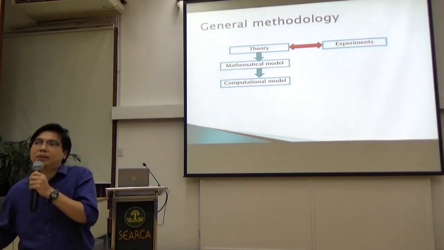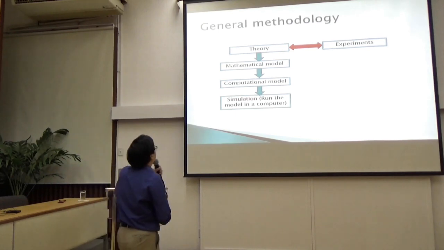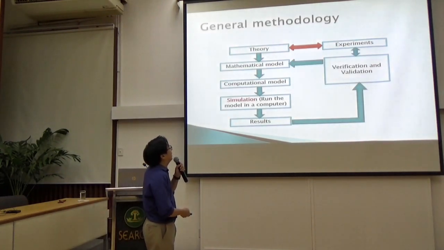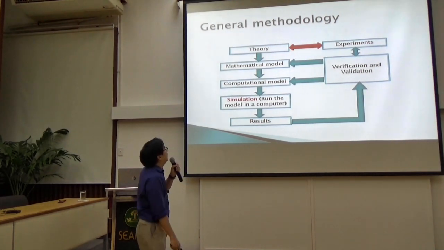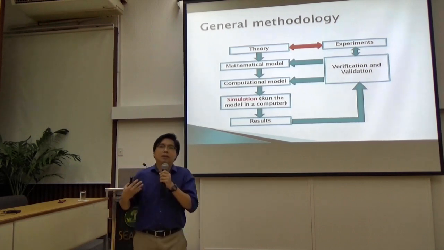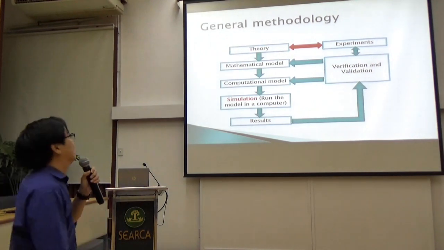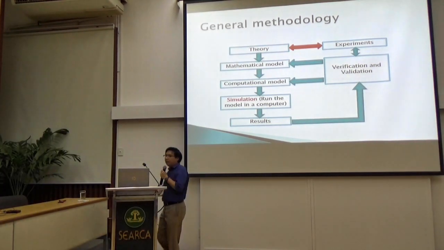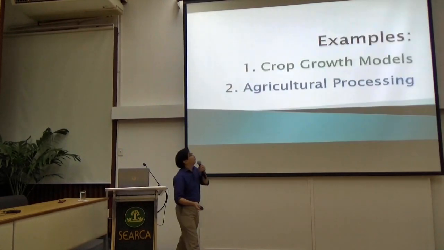Computational is trying to put the math in the computer so that it can be solved. And you run it, you get results, you verify and validate, and then again, you change the model if the experiments and validation do not agree with each other. So you see that. That's your general methodology. So now I think we're going to go to the examples.